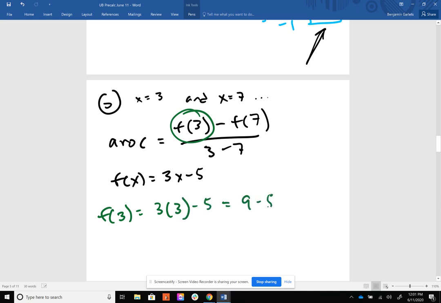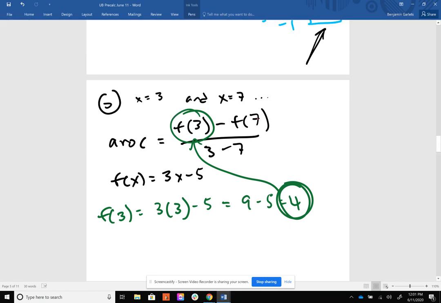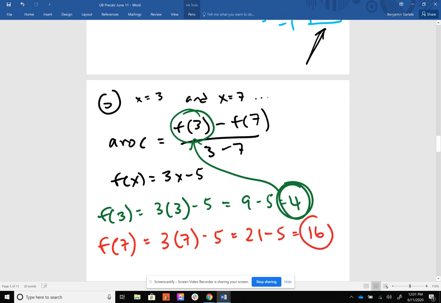I get 9 minus 5, and I get 4. So this is going to go right there. We're going to do the same thing for 7. So f of 7 is 3 times 7 minus 5. So I get 21 minus 5 gives us 16. And this is going to replace this.